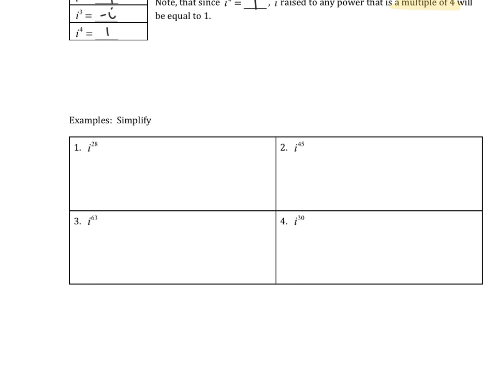We have i to the 28th power. So I want to pull out the highest multiple of 4 out of i to the 28th.